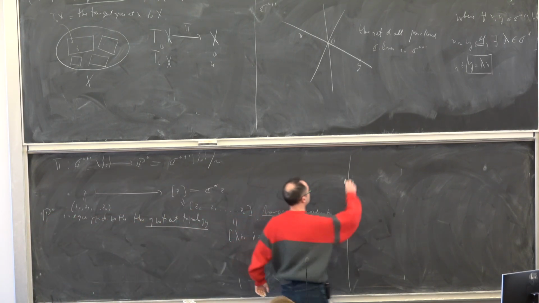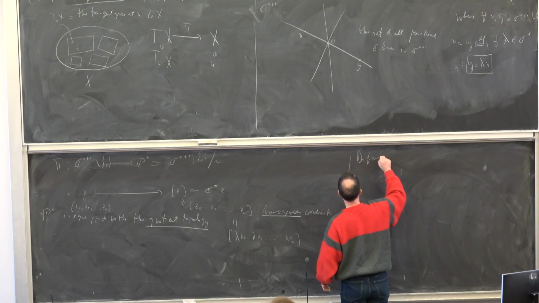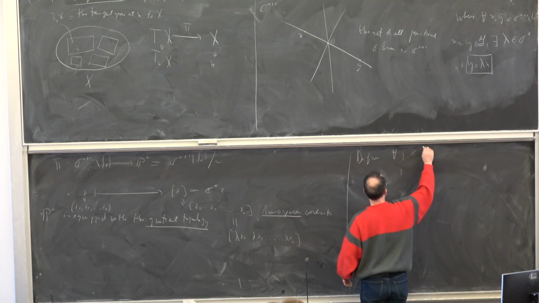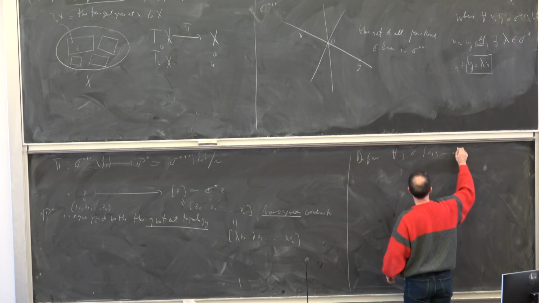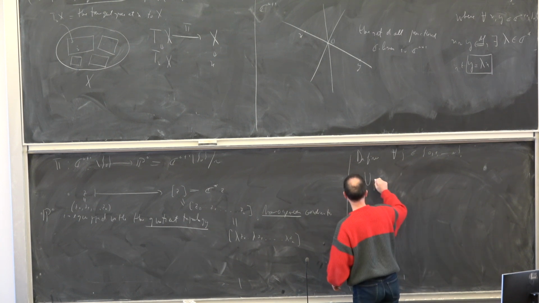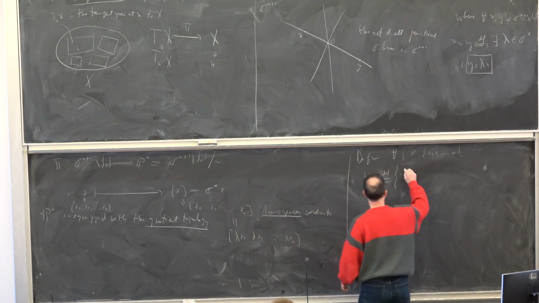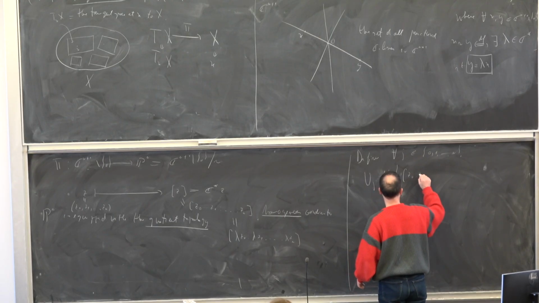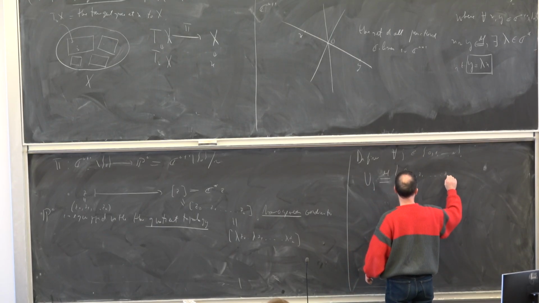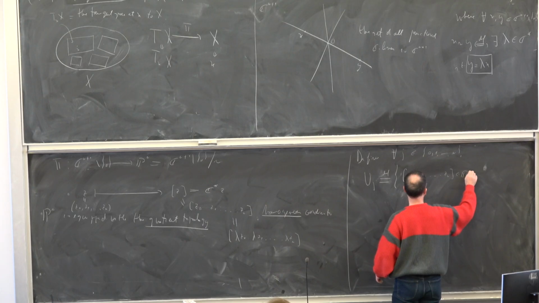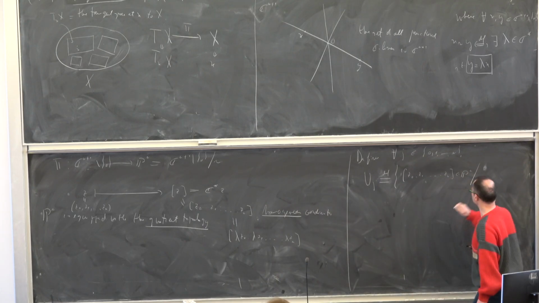And then it is natural to define, for every j from 0, 1 up to n, U_j, by definition, to be the set of points [z0 : z1 : ... : zn] in P^n, in the projective space, such that the jth coordinate is non-zero.